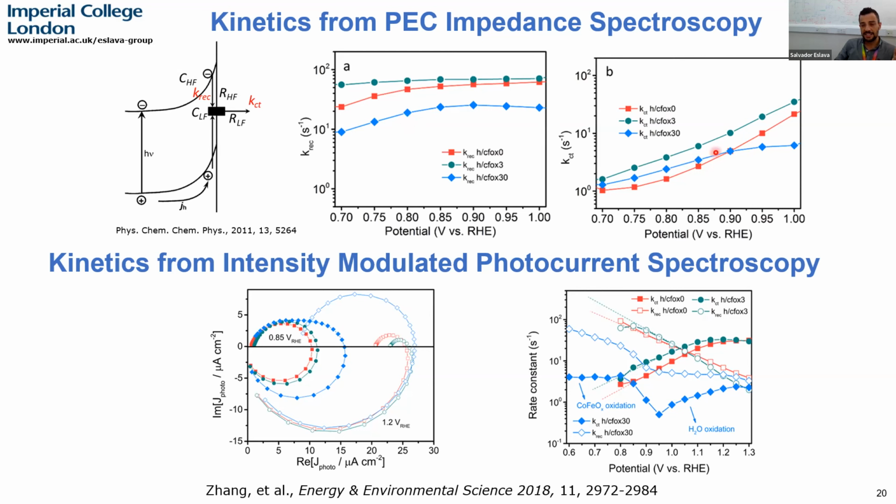But the charge transfer only improves if you control very well the amount of electrocatalyst. So this shows, in agreement with the photocurrent and dark current measurements, that if you put too much, you are lowering the recombination, but this is because the holes are just used to oxidize the electrocatalyst, and not really to be transferred to the electrolyte.